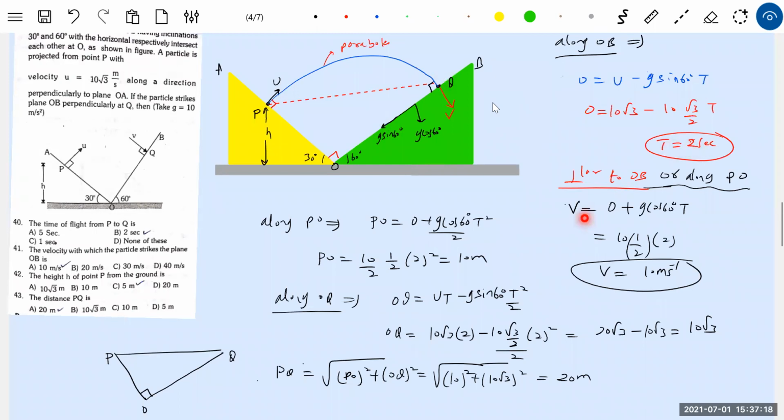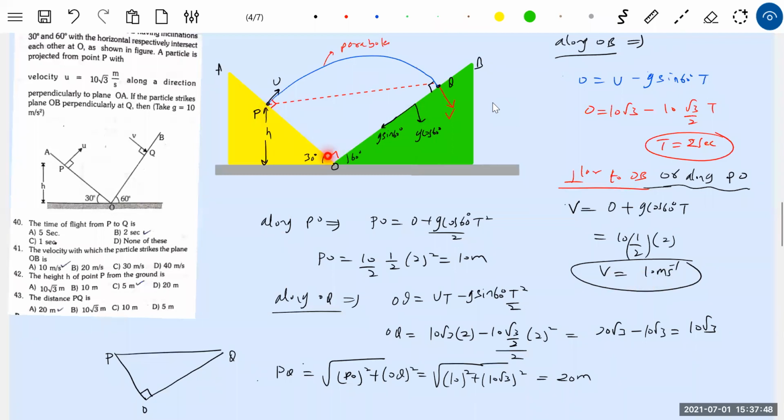Then perpendicular to OB, it strikes here normally. Initial velocity was along OB, so initial velocity perpendicular to OB must be 0. Applying v equal to u plus at, v equals 0 plus g cos 60 degrees, because this g cos 60 is along PO. Substituting, we get v.